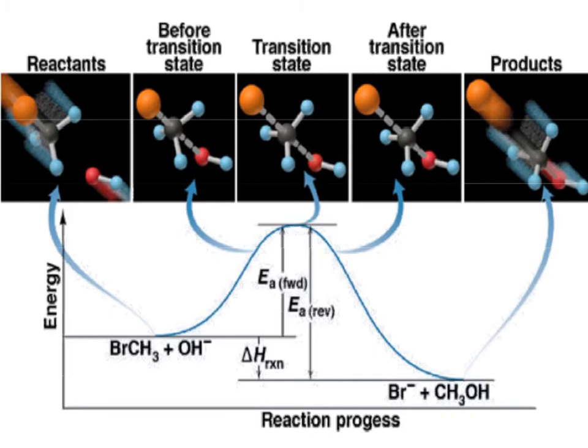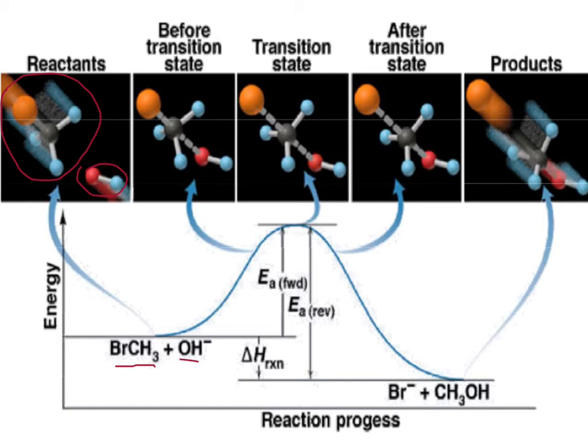All right, in this slide, we see at the top a series of pictures that represent different points during a reaction between bromomethane, BrCH3, and hydroxide ion, OH-. In the first picture on the left, we see the hydroxide ion, OH-, coming in to collide with the BrCH3 particle.